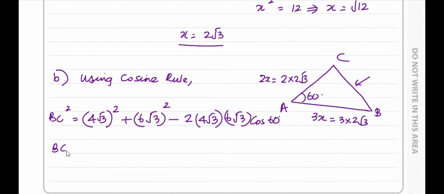Simplifying this, BC square equals 4 root 3 square is 16 times 3, 36 times 3 minus 2 times 4 times 6 is 24, root 3 times root 3 is 3, cos 60 degrees is adjacent over hypotenuse, that is 1 over 2.